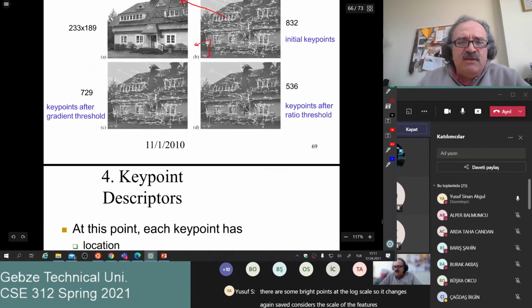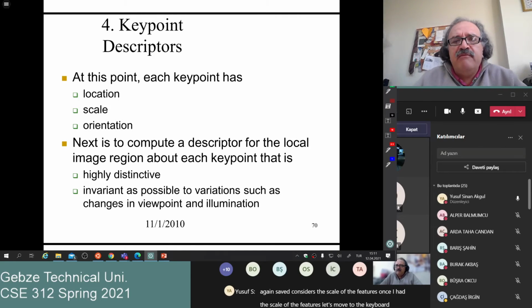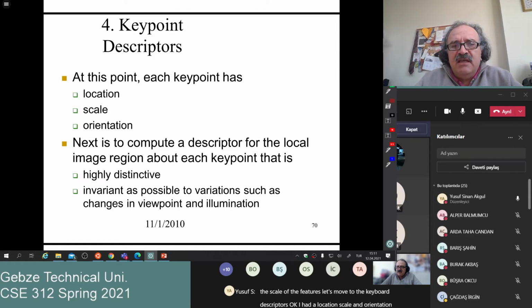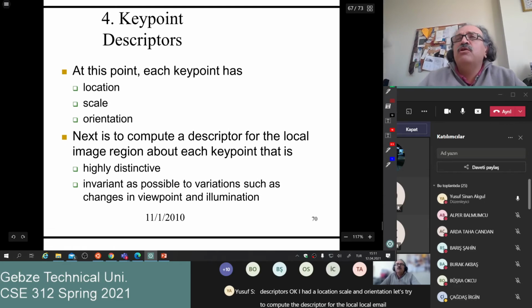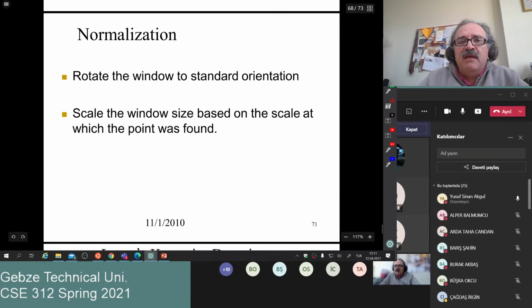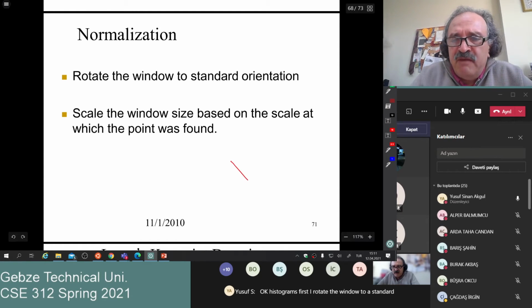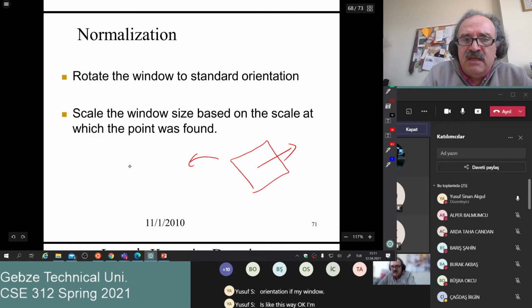Once I have the scales of the features, let's move to the keypoint descriptors. Okay, I have the location, scale, and orientation. Let's try to compute the descriptor for the local image region. It's going to be dependent on histograms. First, I rotate the window to a standard orientation. If my window is this way, I am going to rotate it, and it will be like this.